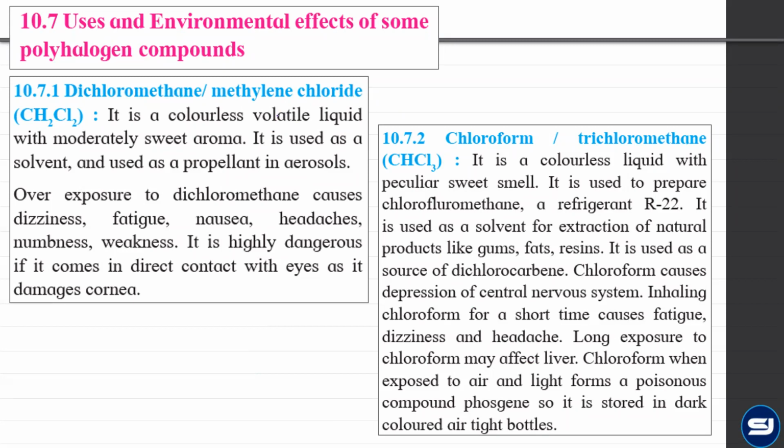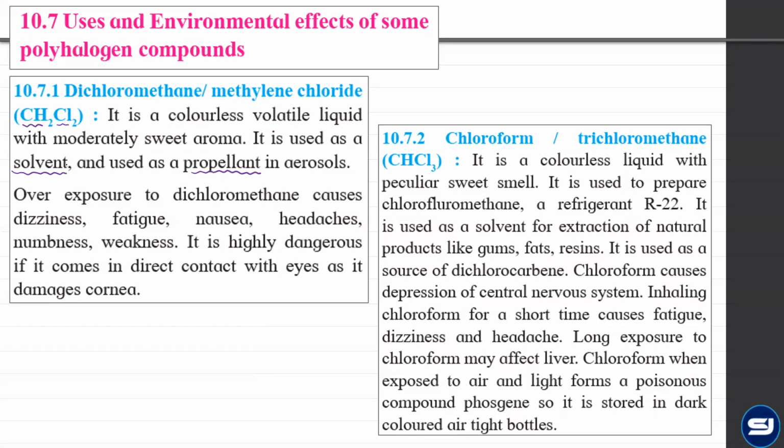So the first is dichloromethane or methylene chloride, having a formula CH2Cl2, dichloro derivative. It's a colorless volatile liquid with moderately sweet aroma. It's used as a solvent and a propellant in aerosols. Thrust देने के लिए जो propellant use करते हैं, उसमें polyhalogen compounds are commonly used.